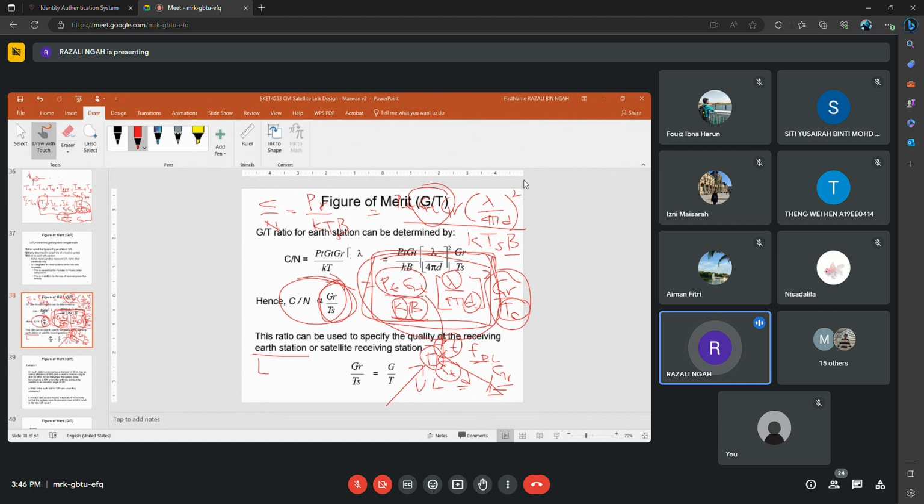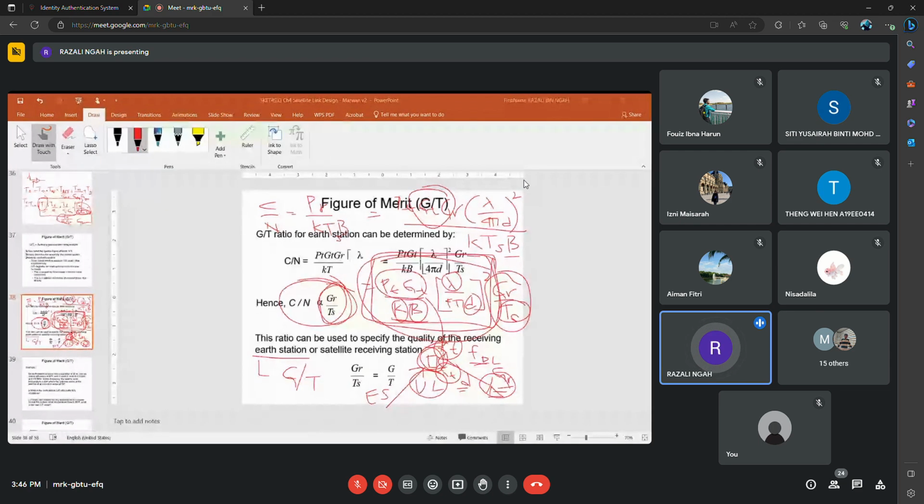So if there is a question that gives a transmitting Earth station, a transponder, and a receiving Earth station, and they give all the parameters, you have to know, for example, how to determine G over T for uplink and downlink.